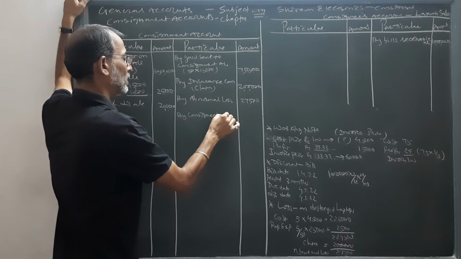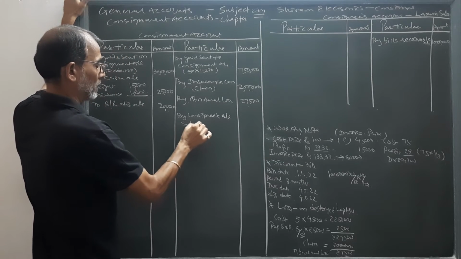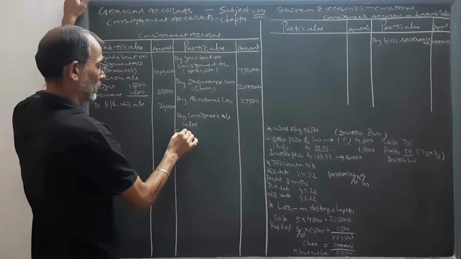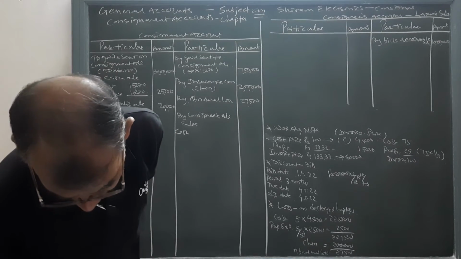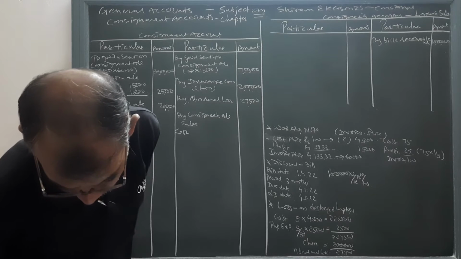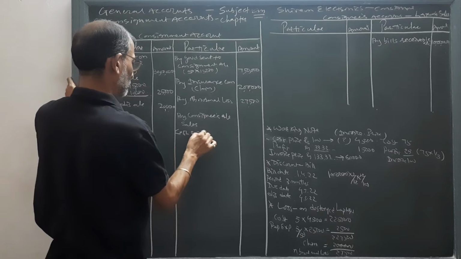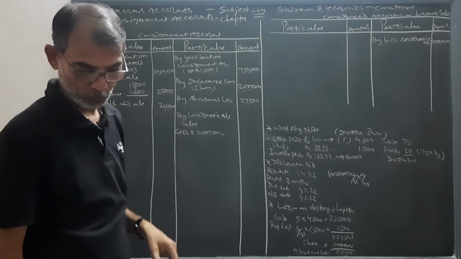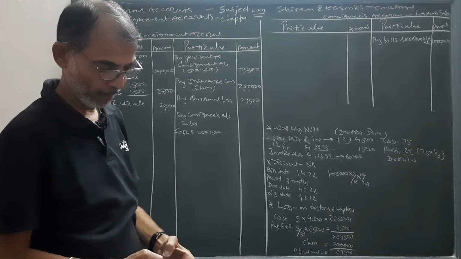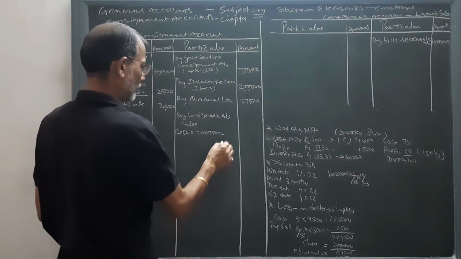Then it comes to sales, by consignee's account, sales: cash, 20 laptops at 75,000 each, 20 into 75,000, that is 15 lakh.